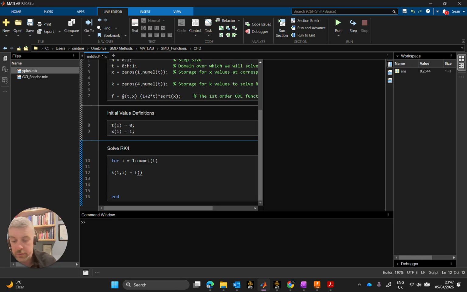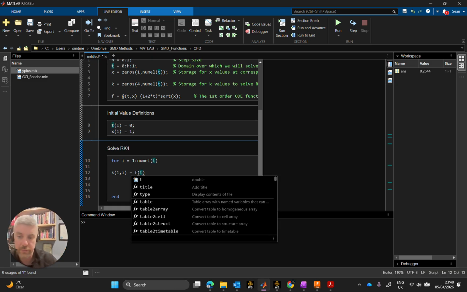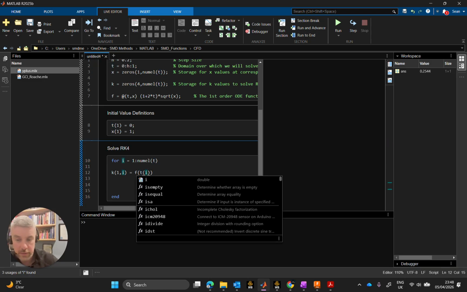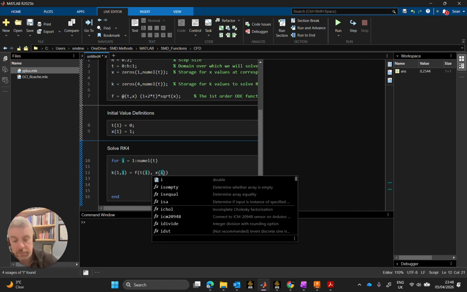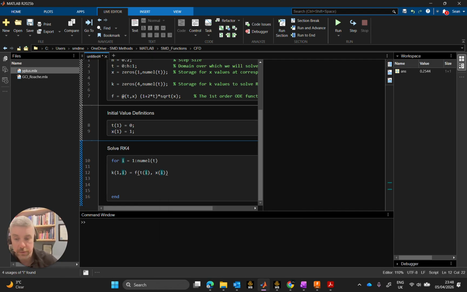But what I'm going to do is I'm going to put in my t value, my first t value, and my x value. So it is the function evaluated at the current t and x values. There's no adjustment to be made on them. So I'm going to go for t of i, and also my x of i.